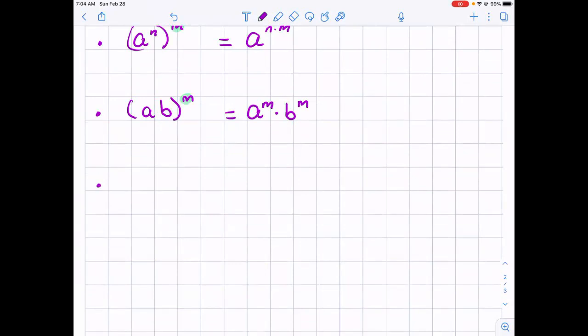What about if we have a negative power? A to the minus n means 1 over a to the positive n, or we can write 1 over a, everything to the n power. So either one is correct.